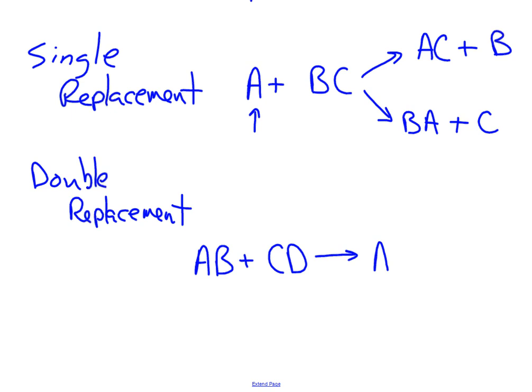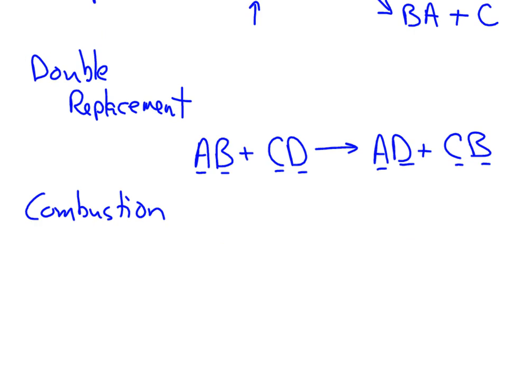So A would end up with D, and C would end up with B. Notice that we maintain the first part as being listed first. Those are usually the cations, and then the anions, the B and the D, would be listed second. All right, so that would be a double replacement reaction.